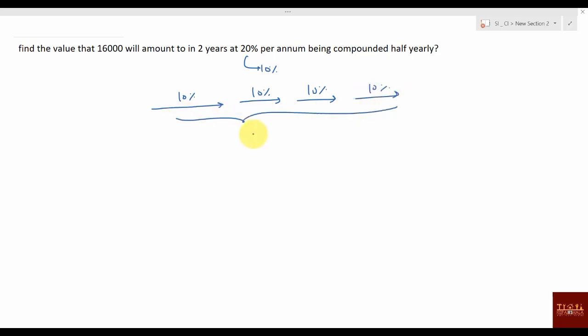Overall how much? 46.41%. 46.41% of your principal. So if you solve this, you will get the answer.